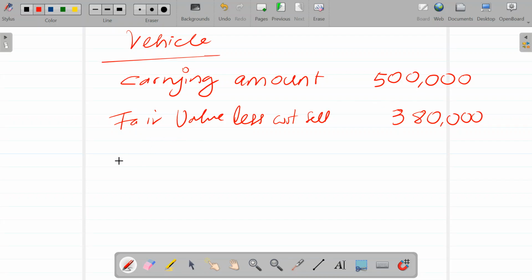If we continue to use it, that's the value in use. If we decide to use it, we are going to get 330,000.